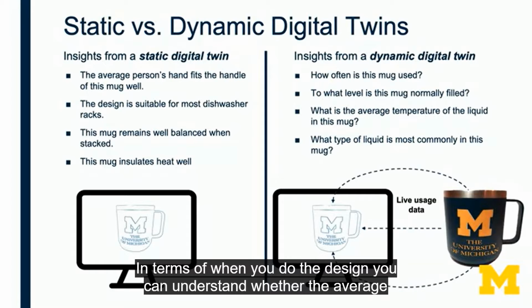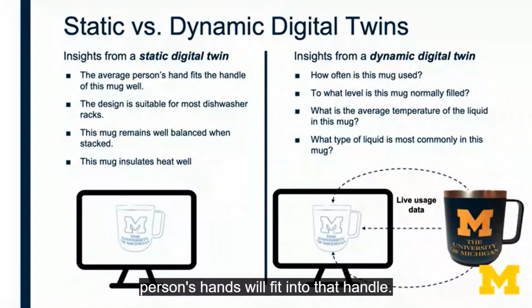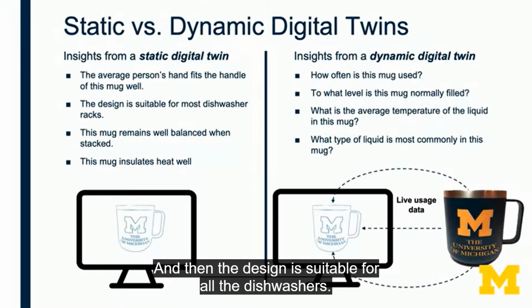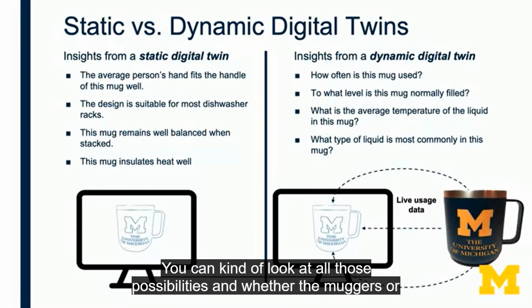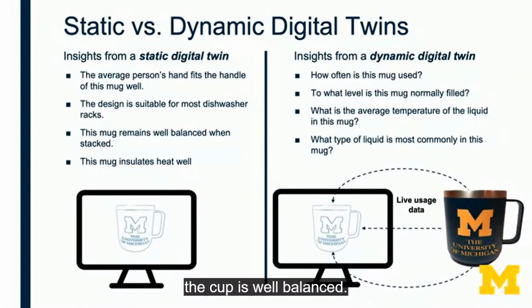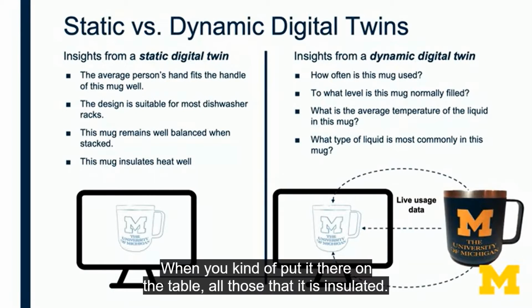When you do the design, you can understand whether the average person's hand will fit into the handle, whether the design is suitable for all dishwashers, whether the mug is well balanced when you put it on the table, and whether it is insulated well.